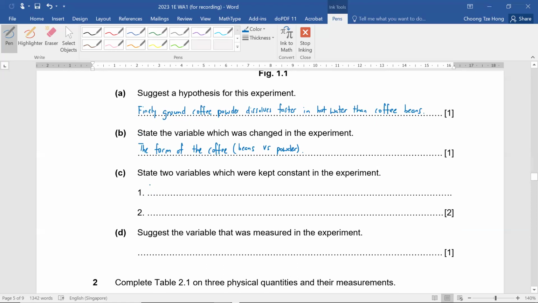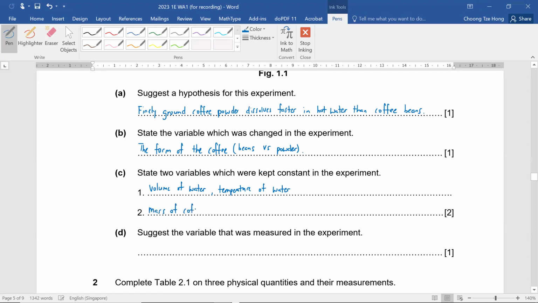I'm going to state all that I've mentioned just now. The first one will be the volume of water. Another thing that you could write would be the temperature of water. Any of these will do. The thing that I also mentioned will be the mass of coffee.